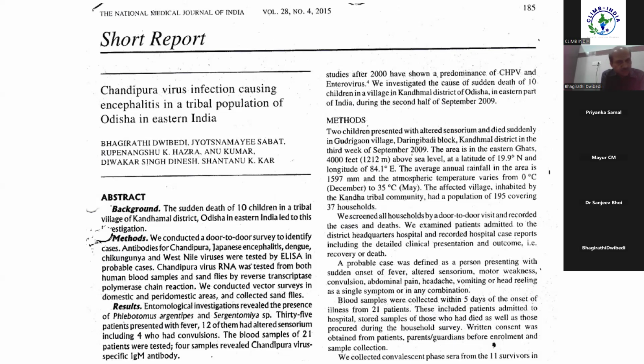Few children had sudden deaths in Kandhamal district of Odisha in the Daringbadi area, which is a high altitude area of Odisha called the Kashmir of Odisha, with an altitude of around 4,000 feet, maybe more than 1.2 kilometers above sea level. Normally, this type of area is not a very good scenario for the development of vector breeding sites like Phlebotomus argentipes.